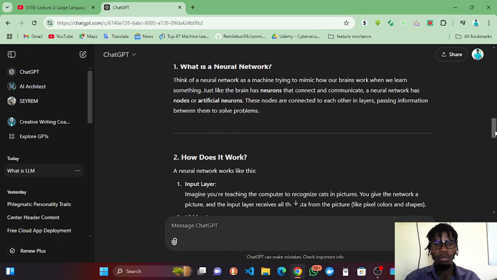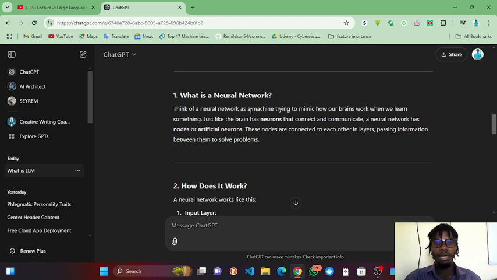So let me quickly break it down for you. Think of a neural network as a machine trying to mimic how our brain works when we learn something, just like the brain has neurons that connect and communicate. A neural network has some nodes, or artificial neurons. These nodes are connected to each other in layers, passing information between themselves to solve problems.